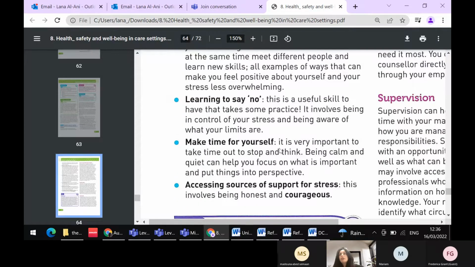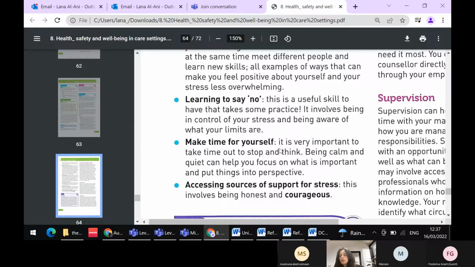Also, you need to learn how to say no. That's very important. Why? Because maybe your supervisor thinks your work is good, then gives you lots of activities to do, but you can't physically do all this.